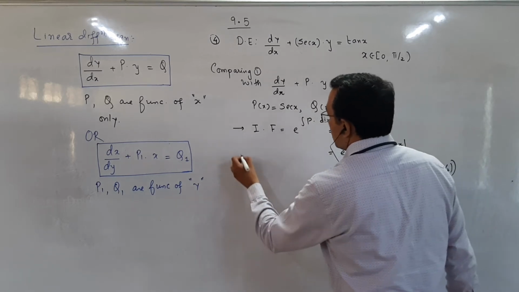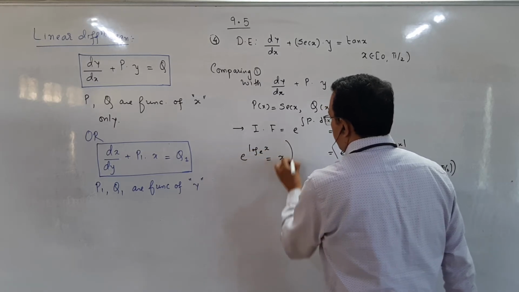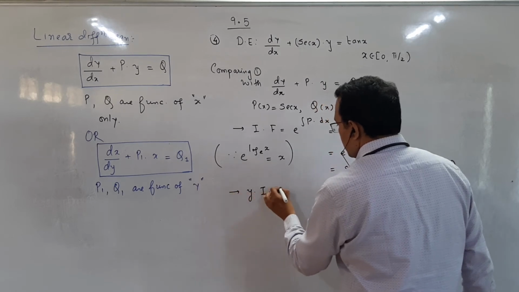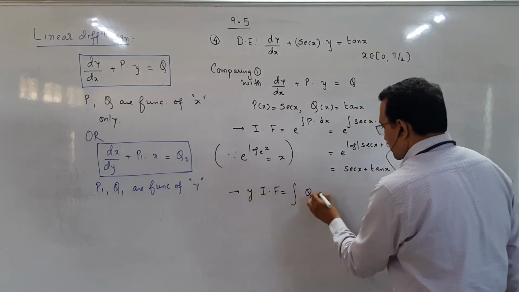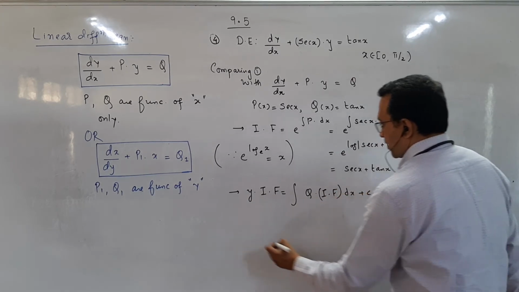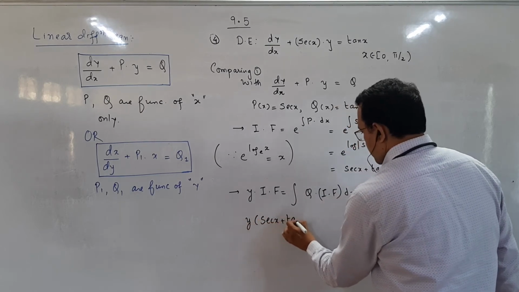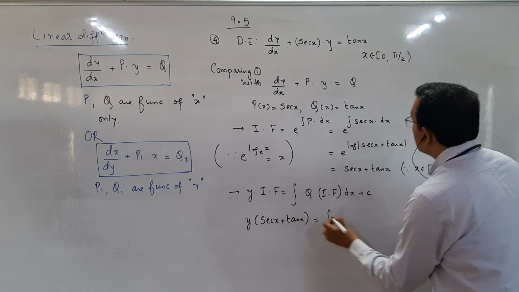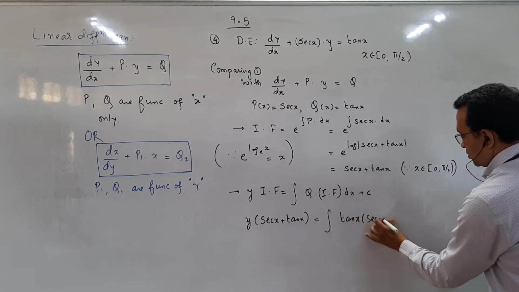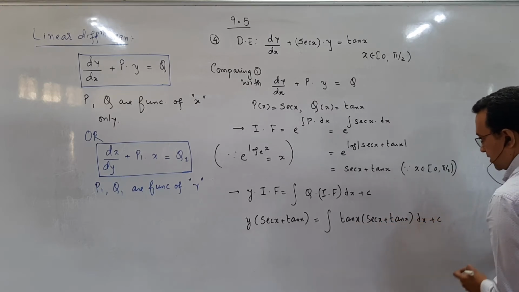So here all of you know this, we have used this property. Remember, this is one of the most important properties. Y into integrating factor will be equal to integral of q into integrating factor dx plus c. So y into sec x plus tan x is equal to integration of tan x into sec x plus tan x dx plus c.